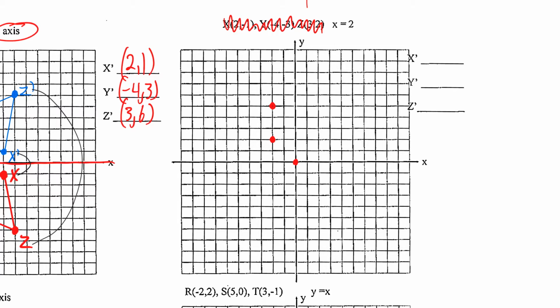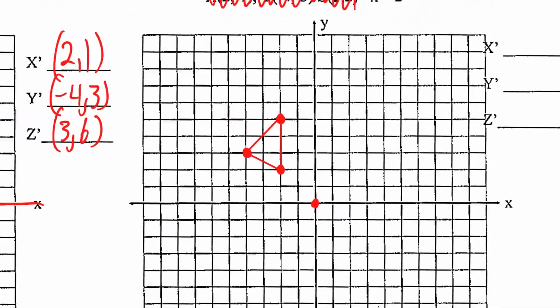And let's put a point at negative 1, 2, 3, 4, 3. Okay, so like that.